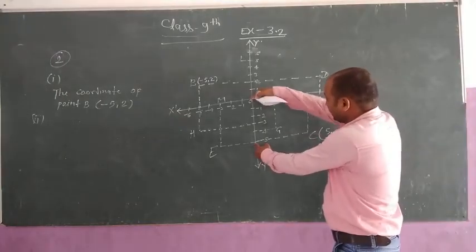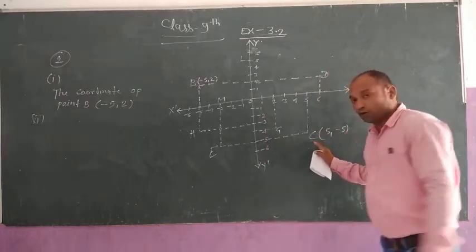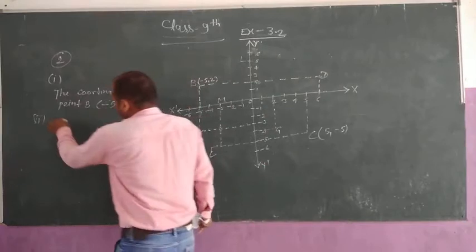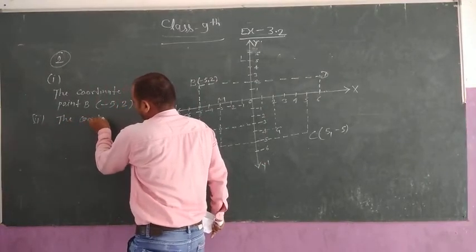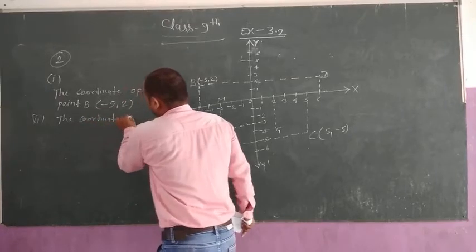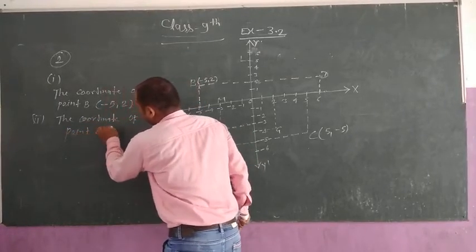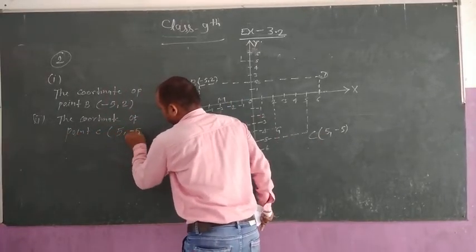This is the y coordinate and this is the x coordinate. The coordinate of point C are 5 and minus 5.